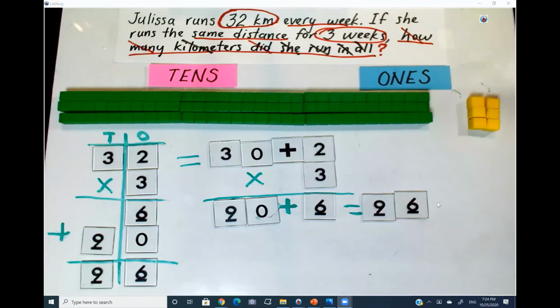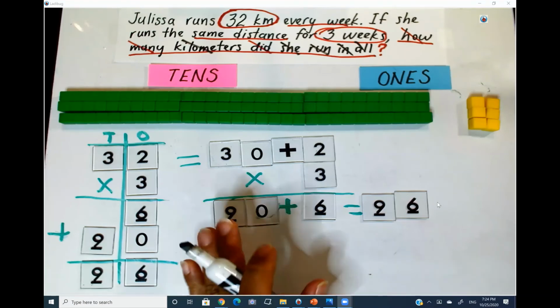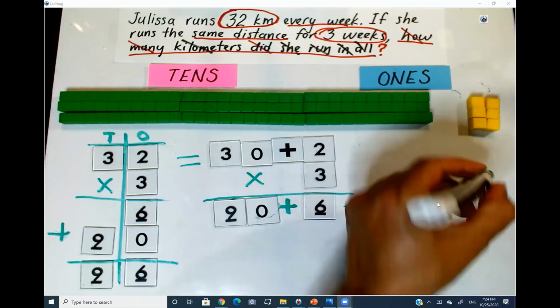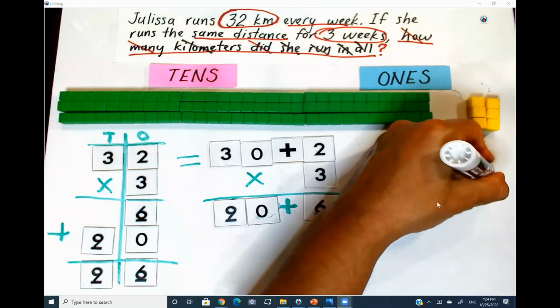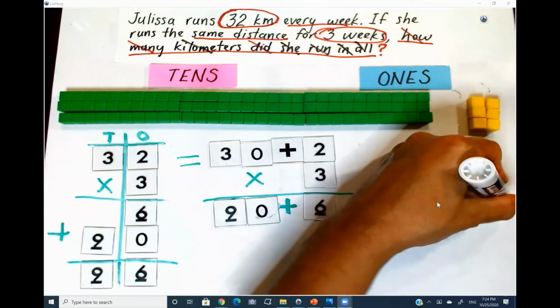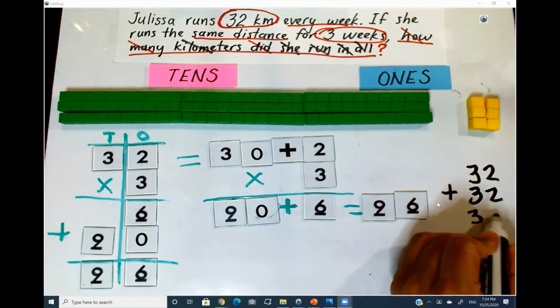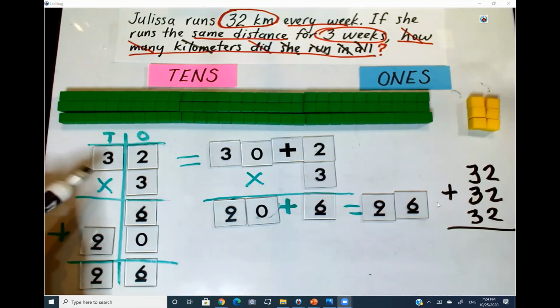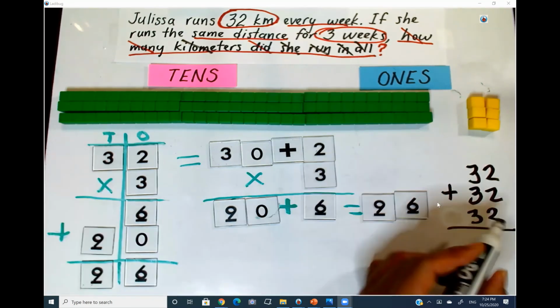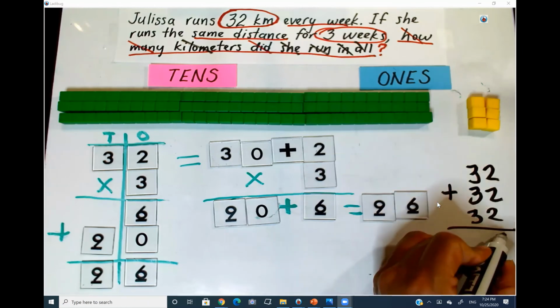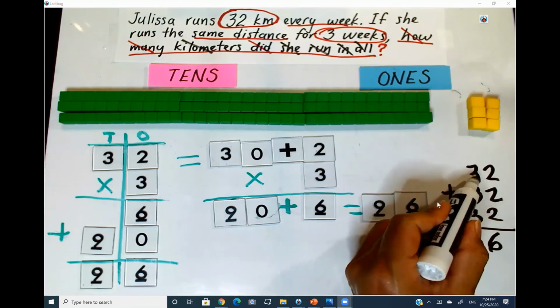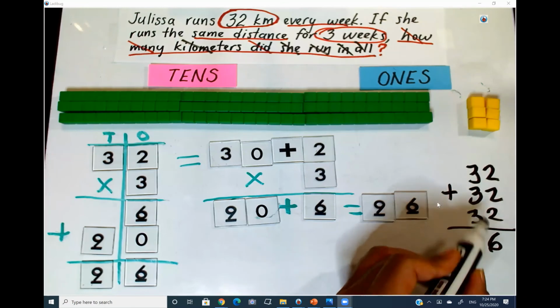To prove our answer, we can do repeated addition, because remember, repeated addition is another form of multiplication. 32 plus 32 plus 32. Why? Because here it says 32 3 times. So we do 2 plus 2 plus 2 ones is 6 ones, and 3 tens plus 3 tens plus 3 tens is going to be 9 tens.